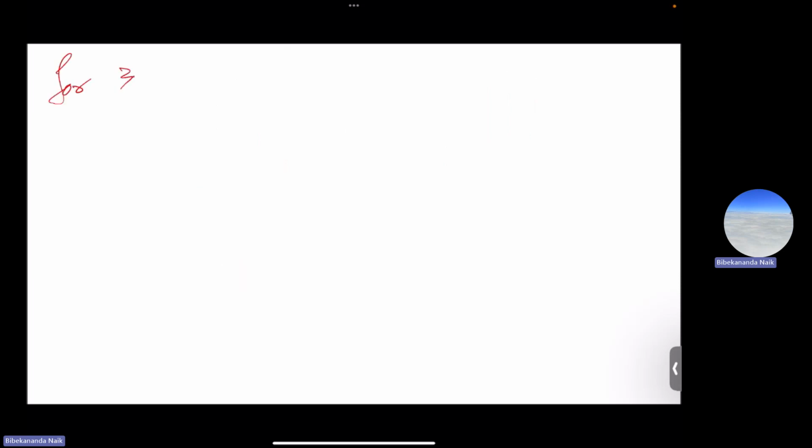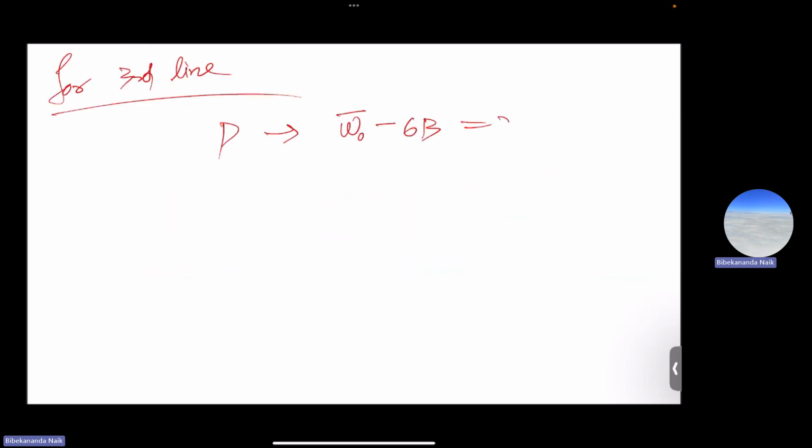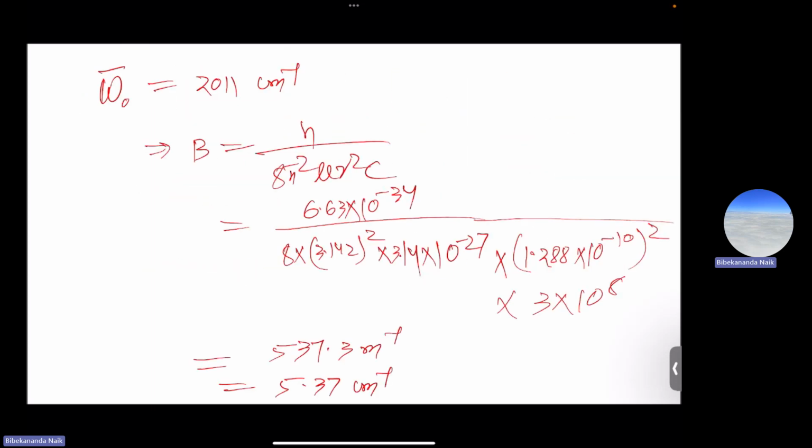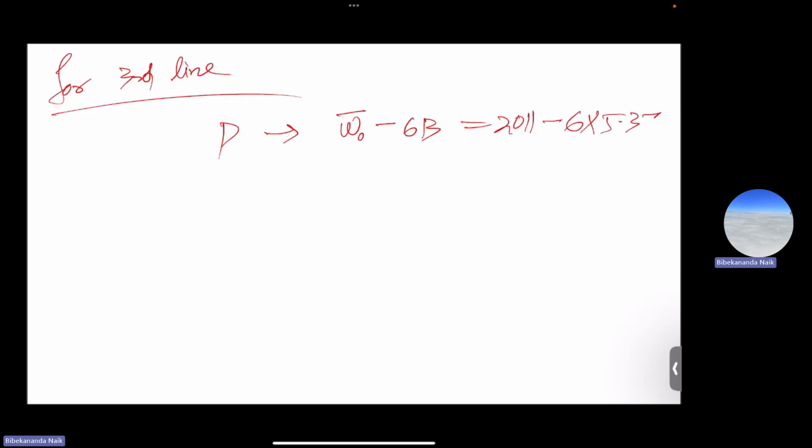For the third line, P branch will be omega 0 bar minus 6B, which equals omega 0, we just calculated, 2011 centimeter inverse, minus 6 into B, which is 5.37.